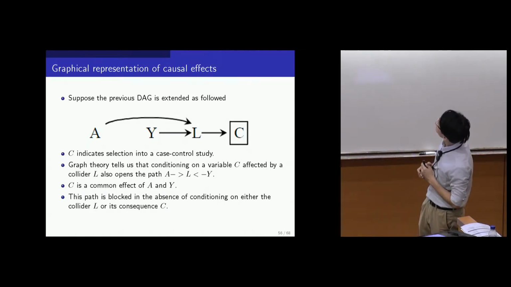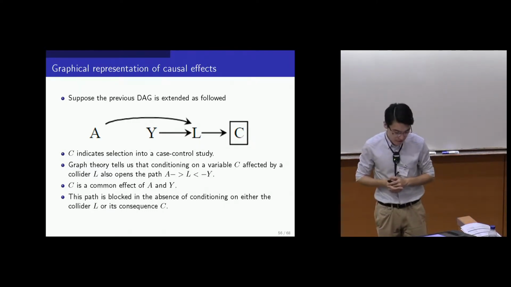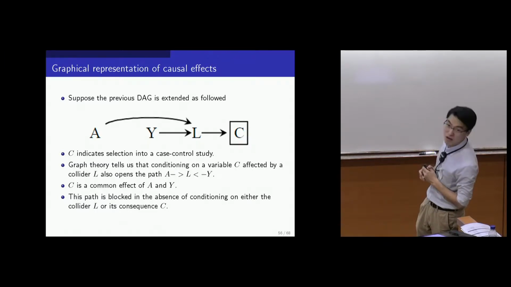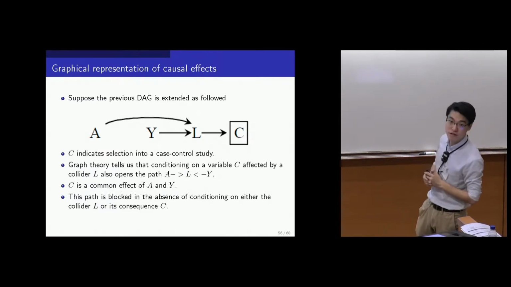So you don't have to condition on L itself, but if you condition on a variable C that's affected by L, it will also open up this path between A and Y. If we do not condition on C or L, this path will be blocked because it's a collider. But once we condition on either L or C, this path will be open.